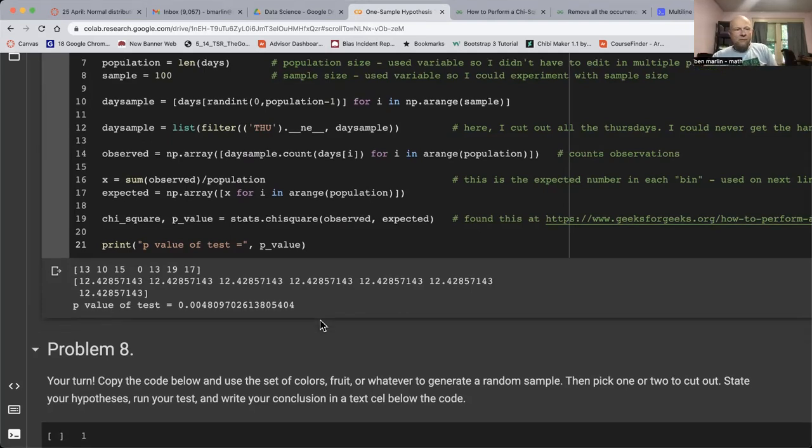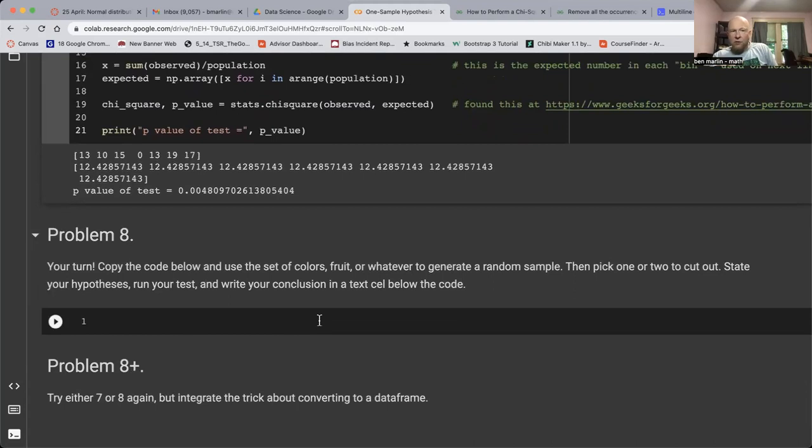Okay, and then I ask you here for problem 8 to go back in, copy that code down there and do the same sort of thing. Yank one of them out of there by deleting, and show that you're going to get a p-value that is significantly less than 0.05.